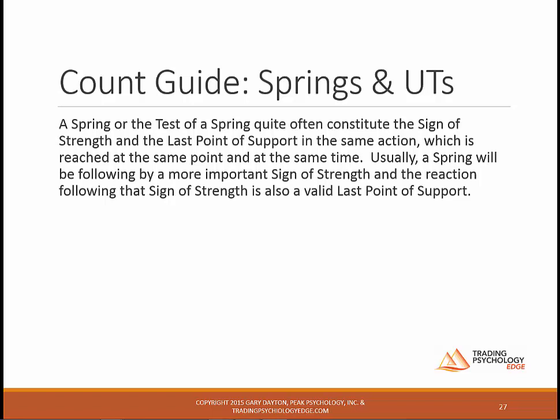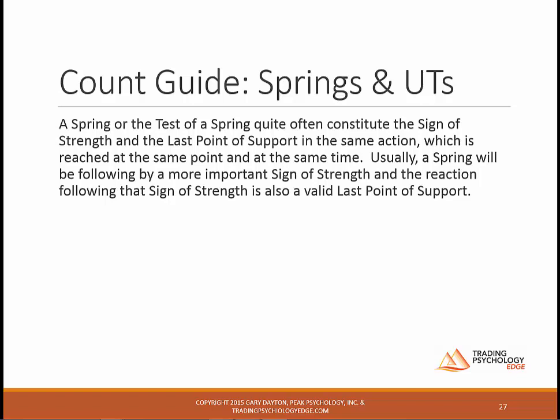Well, Evans says in his count guide that a spring, or the test of a spring, quite often constitutes the sign of strength and the last point of support in the same action, which is reached at the same point and at the same time. Usually a spring, and this is the same for an upthrust, okay?